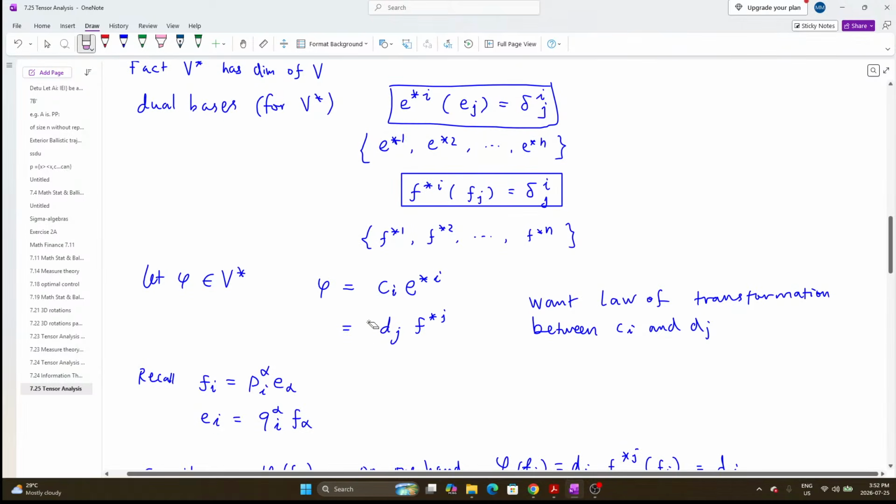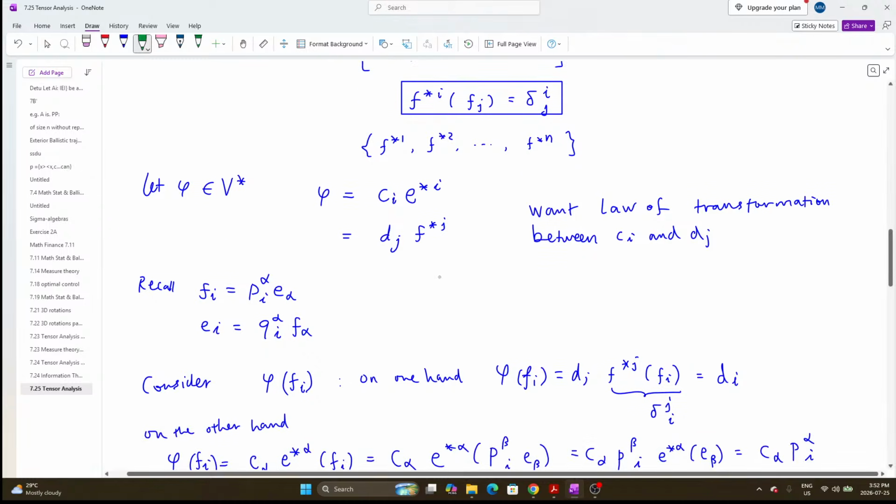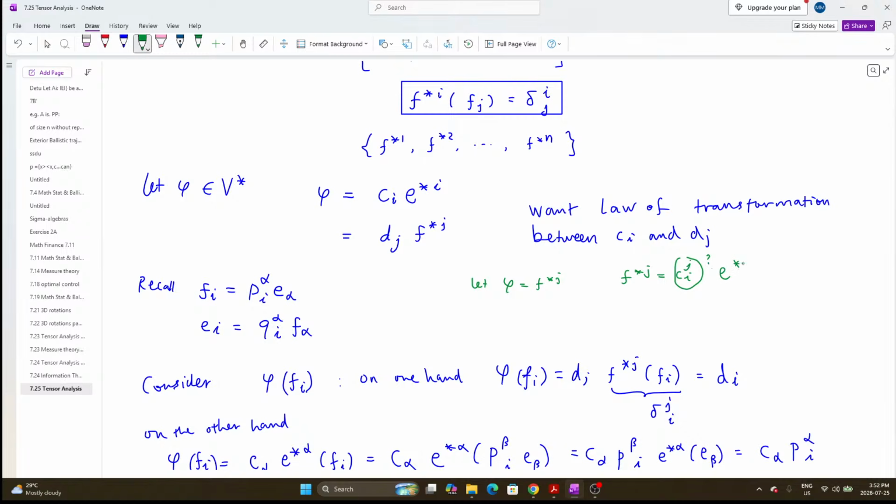If I pick phi just to be f star j, then f star j equals C_ij, which is what I wanted, times e star i.